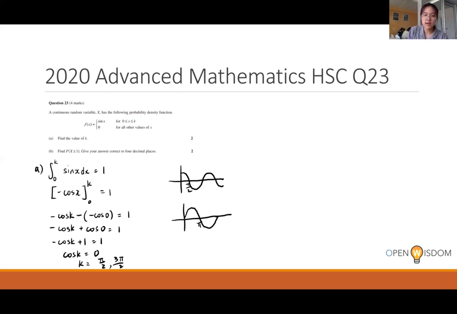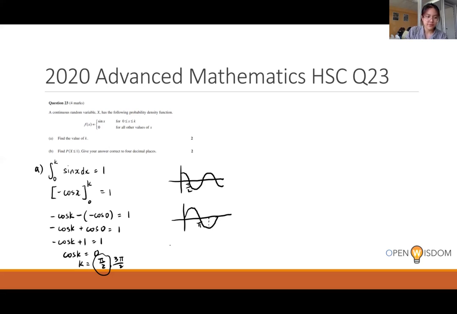because PDFs must be positive for their entire domain of x, my value of k has to be less than pi. If it's greater than pi, then I go into the negative region and I do not have a valid PDF, which means that the only value of k that works in this question would be pi on 2 and not 3 pi on 2, because 3 pi on 2 would be here, and here you can see we have a negative value for sine.